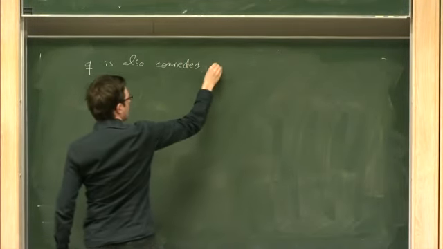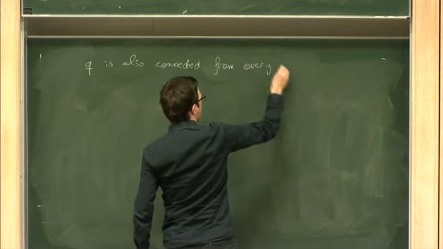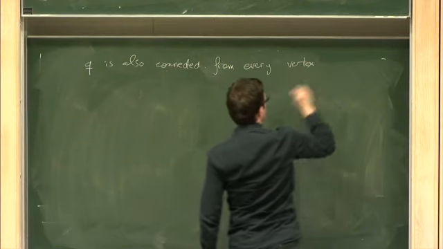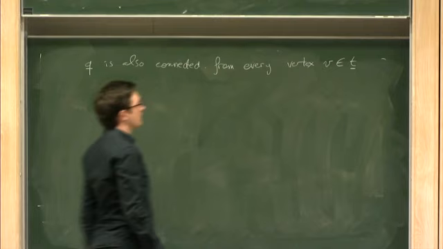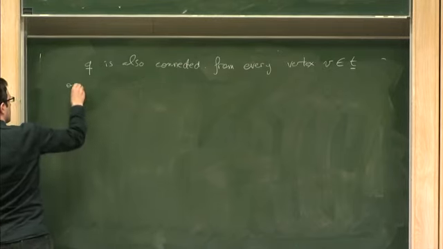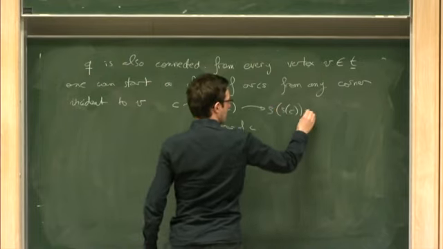Okay, because from every vertex V in the tree, I can start a chain of arcs from any corner incident to V. Okay, so you start from C, then you go to the successor of C, and you go to the successor of C, and so on.